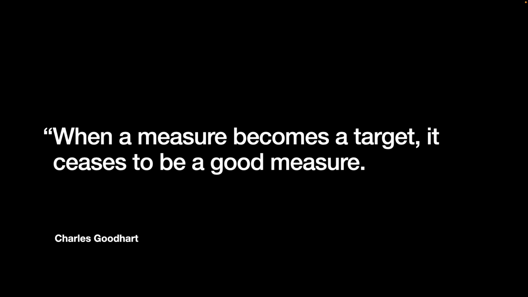This is an adage that you should internalize early on in your software engineering career or, really honestly, any sort of career that involves numbers. Because this quote came from an economist first. They were talking about the economy in, I think, Britain, and how they were trying to target particular things. And this has been proven to be true time and time again.